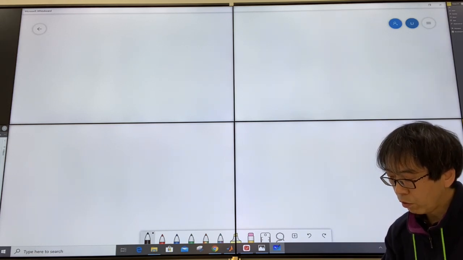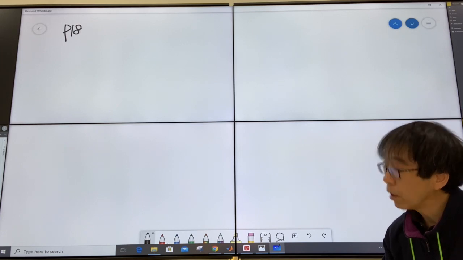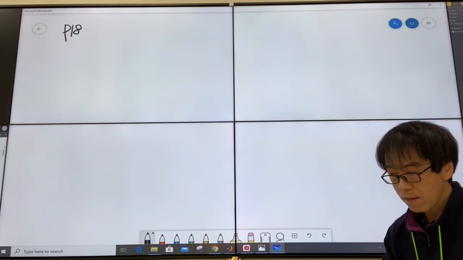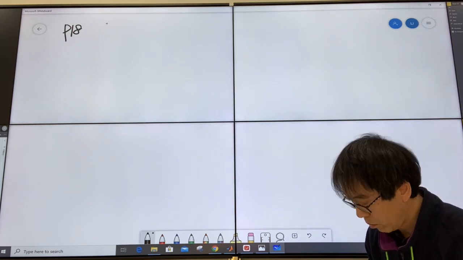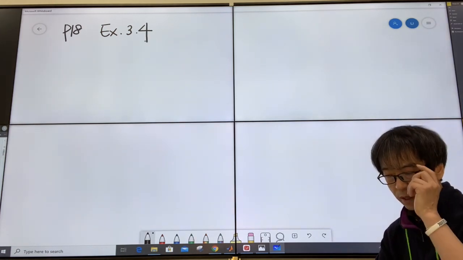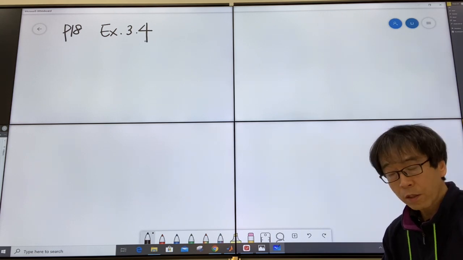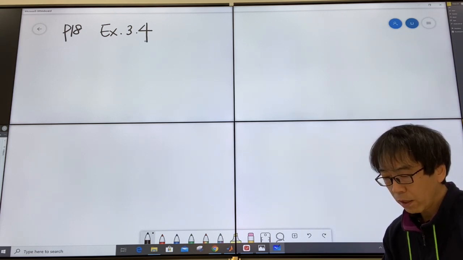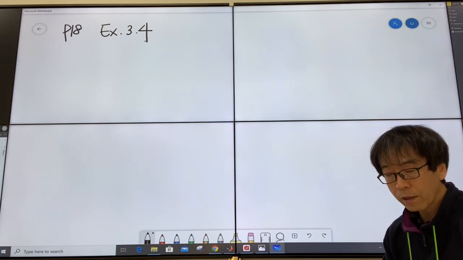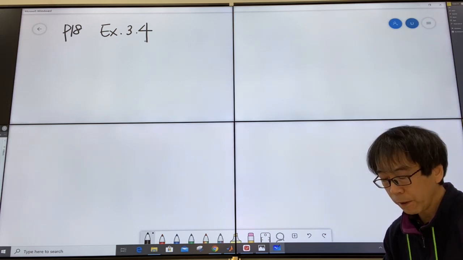So we need to look at page 118, and example 3.4, all right? And if you take a look at this example, they actually use silicon nitride microstructures to test the thermal characteristic of the carbon nanotube.